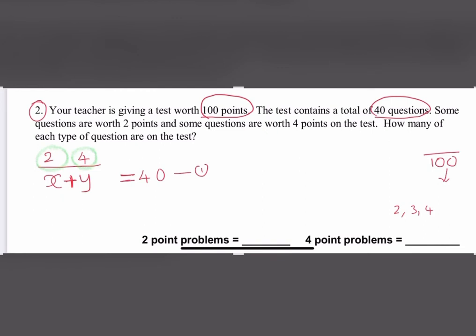And the second equation is, because each question in this category is carrying 2 marks, the total marks given by these questions will be 2 times X, plus the total marks given by the second category, which will be 4 times Y. And this should be equal to what? 100.